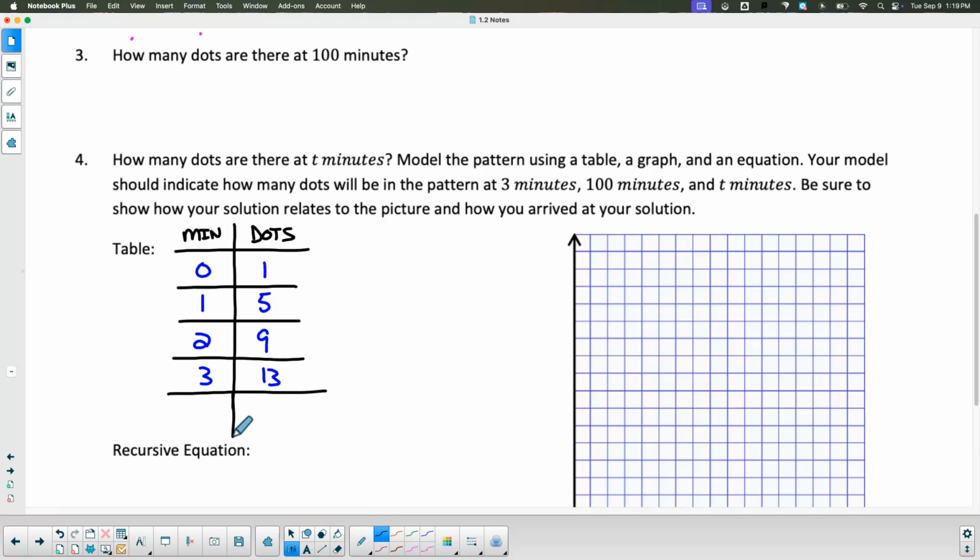What question number 3 is asking is how many dots there are going to be if we continue with that pattern.